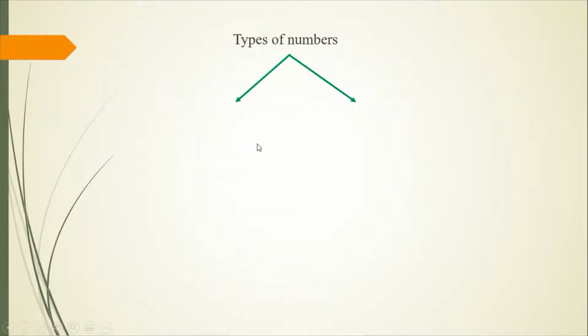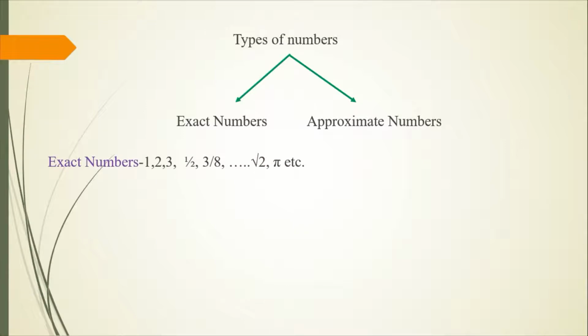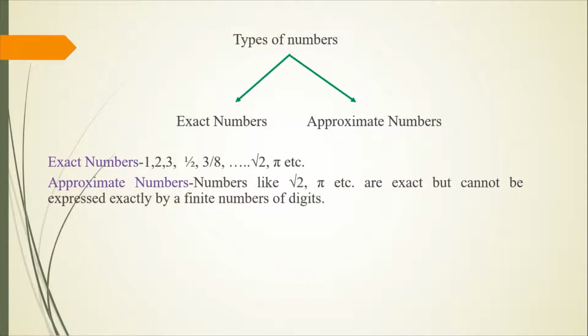There are two types of numbers, exact numbers and approximate numbers. Here are some examples of exact numbers. In these, root 2 and pi are exact numbers but cannot be expressed exactly by a finite number of digits.